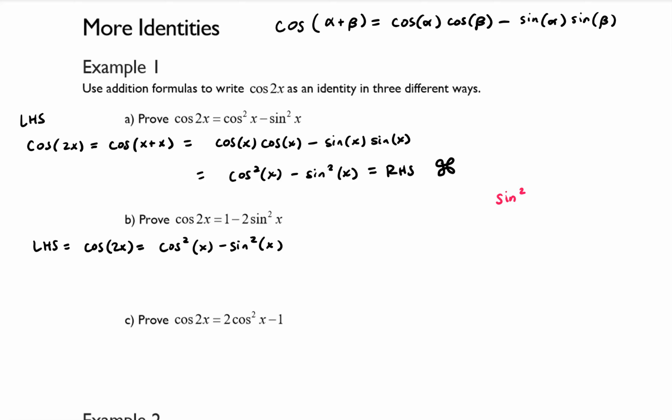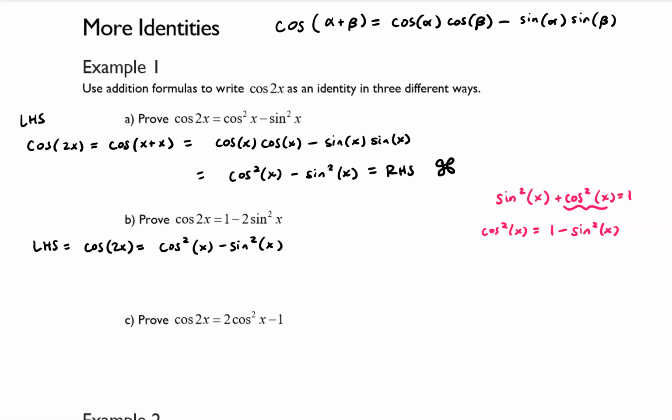And I know the Pythagorean identity is sine squared x plus cosine squared x is equal to 1. And so if I manipulate this identity to solve for the cosine squared portion, then we find that cosine squared x is equal to 1 minus sine squared x.